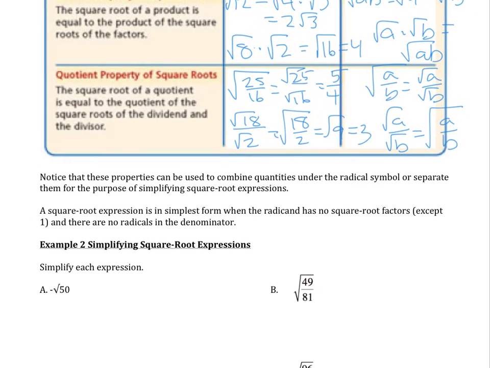Okay, so we can combine them under the square root or we can separate them.